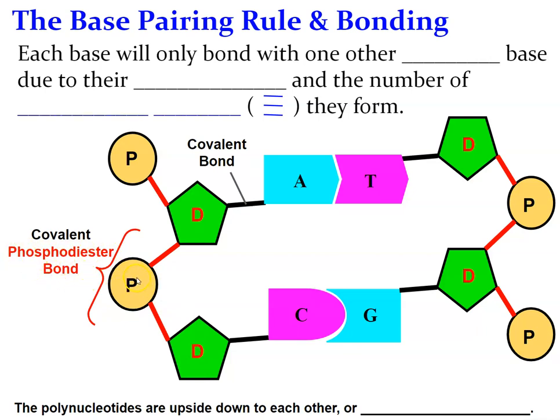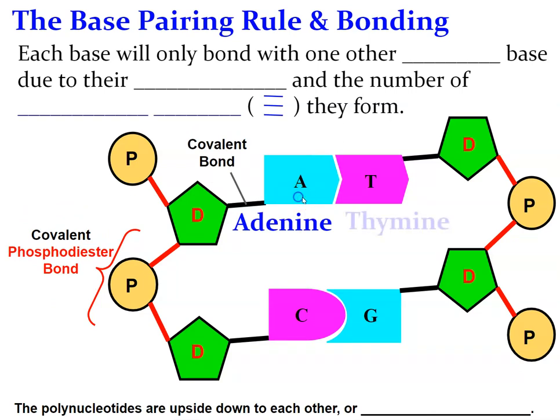Phospho for the phosphate, di for 2, and then these are ester bonds, but we're not going to get into the chemistry of what makes them ester bonds. But that's what holds nucleotides together in a polynucleotide, phosphodiester bonds. All the other bonds are covalent bonds, except for the bonds between nitrogenous bases.